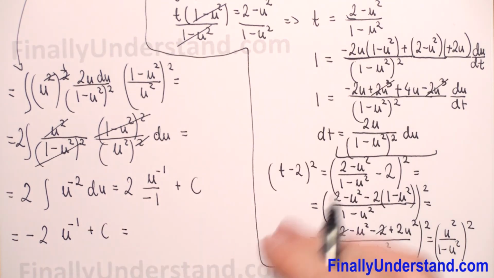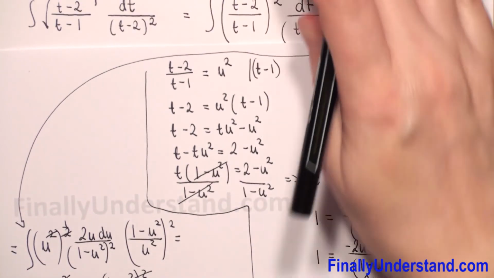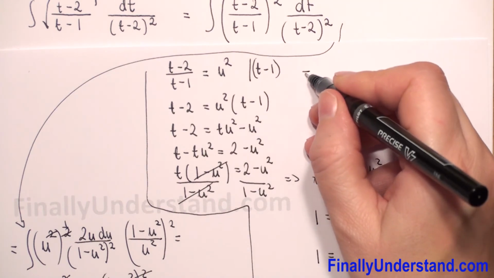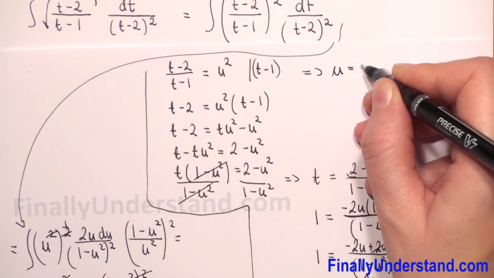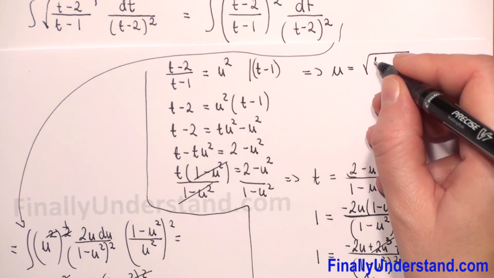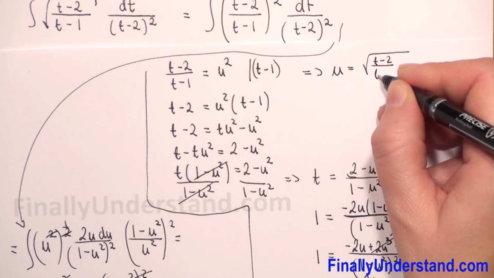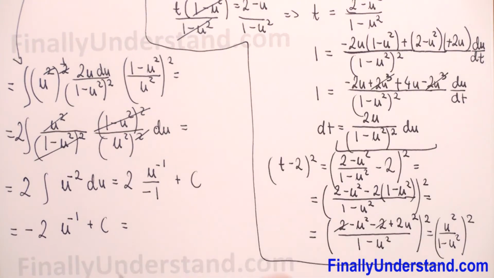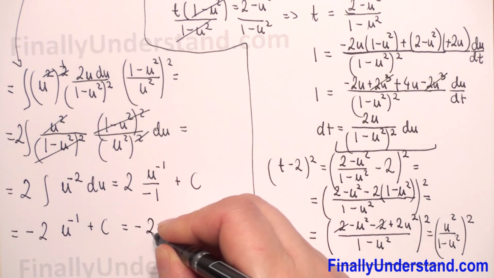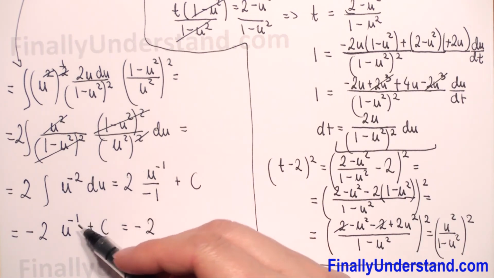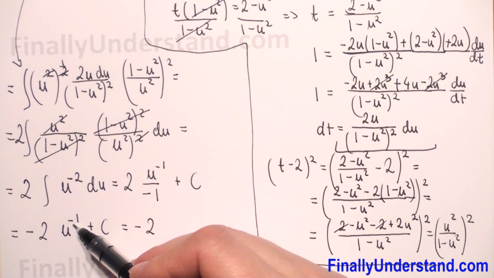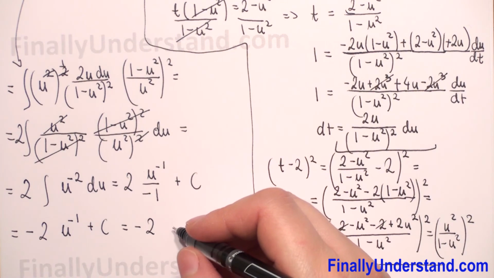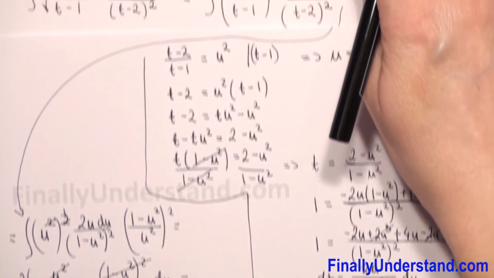U is equal to the square root of (t minus 2) over (t minus 1). Let me write this here, that u is equal to the square root of (t minus 2) over (t minus 1). So we have that this is equal to negative 2, and because we have the negative 1 power, it means we have to flip this expression which we have here.